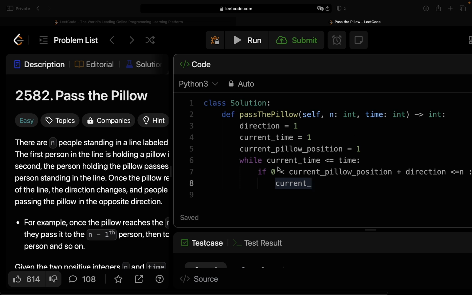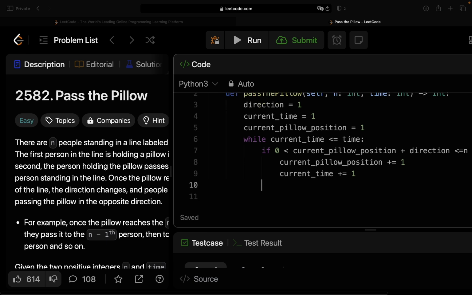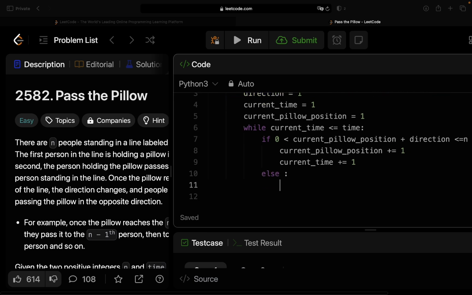So then we have current pillow position plus 1, current time will also be plus 1, else we change the direction, so direction will become minus 1. So direction times minus 1 will change the direction.